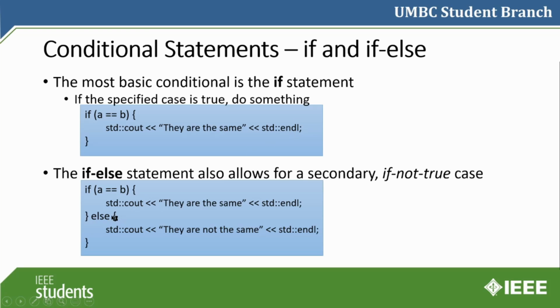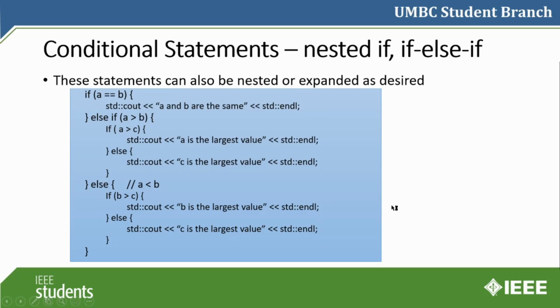In the if-else statement, if this does not equate to true, then instead of running this line of code, it would run this line of code over in the else half of the statement. It's also possible to expand or nest these if statements to have if statements inside of if statements, or to have the else of an if statement be another if-else statement, or just an if statement.